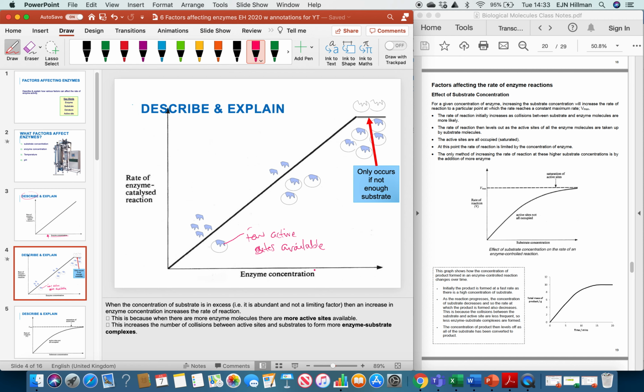As the enzyme concentration increases, more active sites become available, and therefore the rate of the enzyme catalysed reaction can increase. We continue: more enzymes become available, more active sites become available, more enzyme substrate complexes can form.